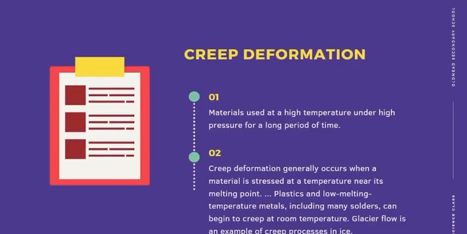Creep deformation is the process wherein materials are used at a high temperature under a high pressure for a long period of time. It's just the material being put in a different temperature where it was not used to.